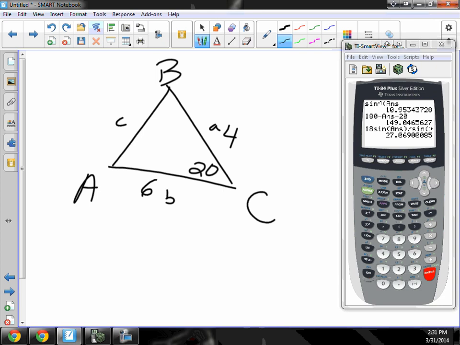So this one only has one solution, and you can tell because I can find B or C. I can find angle B. I could find side C, or I could find angle A. So in the side angle side problem, you can find any of the three missing parts. So that one, that's easy. You don't need any of the special solution methods. What if I had this?